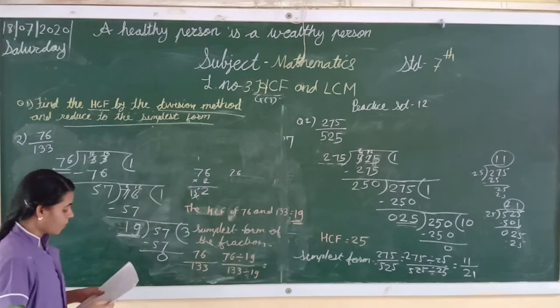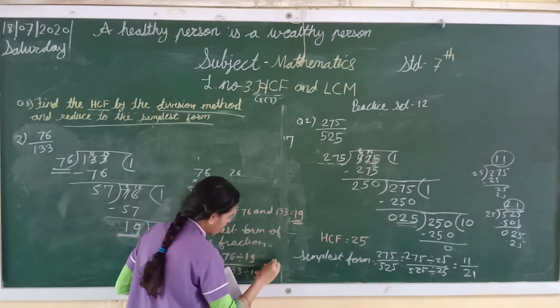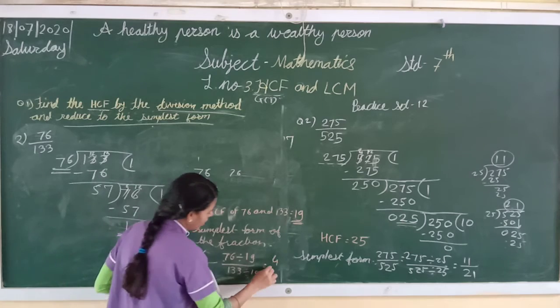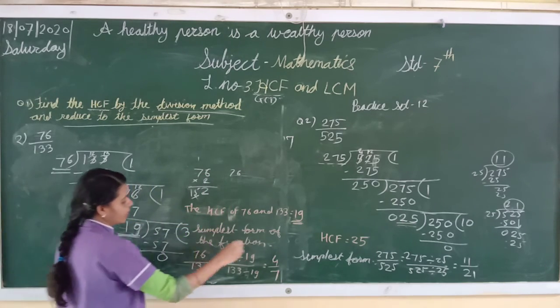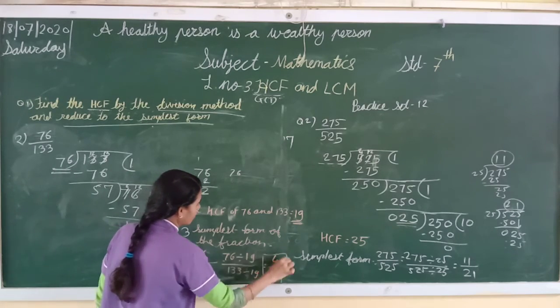Okay, students. So 19 fours are 76 and here 19 sevens are 133. So our simplest form is 4 upon 7. I hope students you understood.